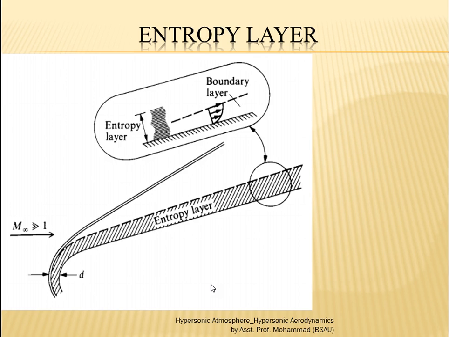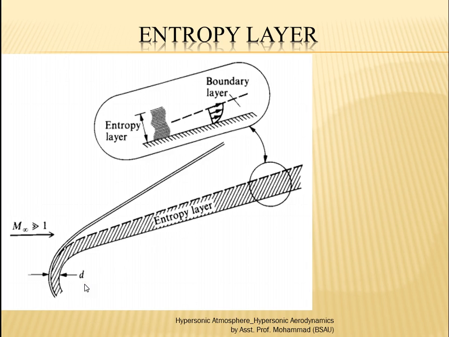So as the strength varies from nose to downstream, the entropy change will also vary accordingly. Whatever entropy change we see here, we may not have the same entropy change downstream on the surface. So we normally get a variation in the entropy change as we go downstream.